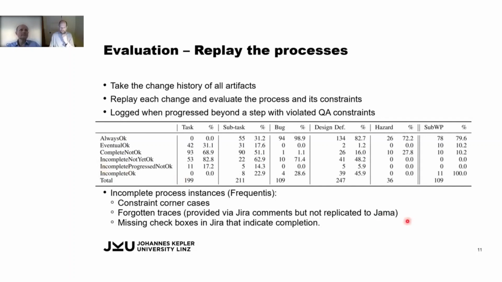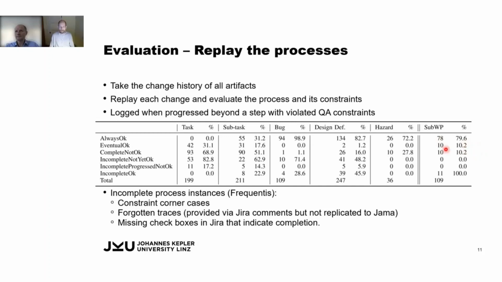And perhaps the main takeaway is that the open source system obviously was not as adherent to the process because they're mostly students who were working on this. Well, we looked at also the process at our industry partner, and there we saw most of them were actually done correctly right from the first time. The rest were kind of repaired, so there were perhaps some changes afterwards that made the traces complete.